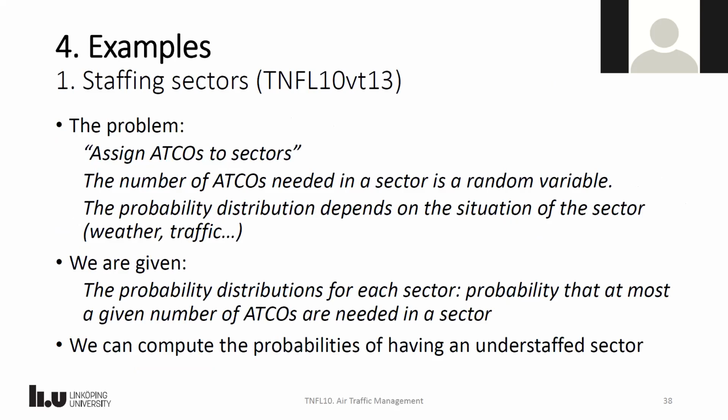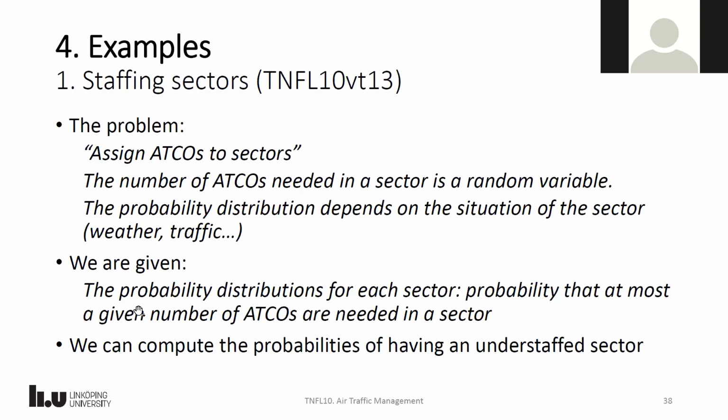And they have the probability distributions of these needed air traffic controllers that depend on the situation of the sector, whether they have weather or more complexity in the traffic, whatever may affect the sector.